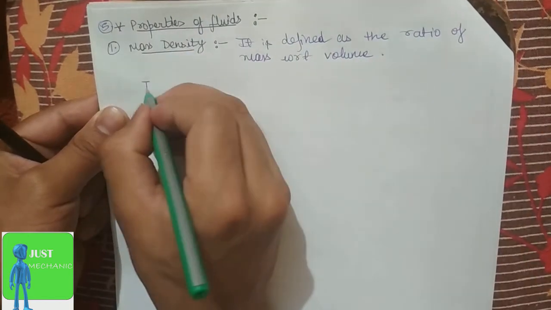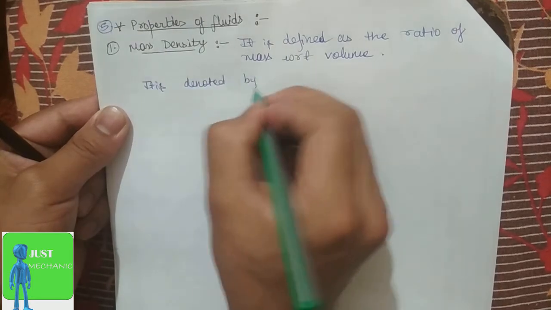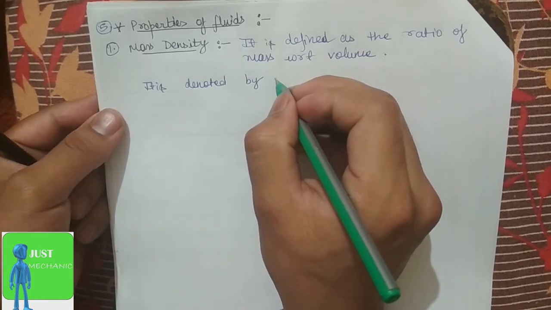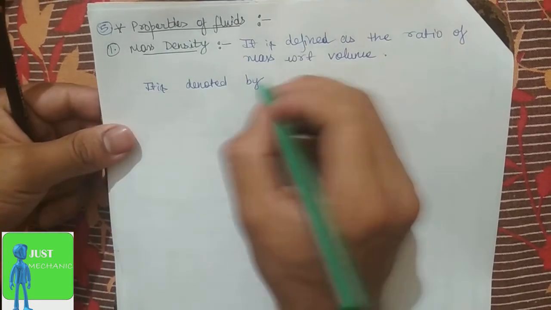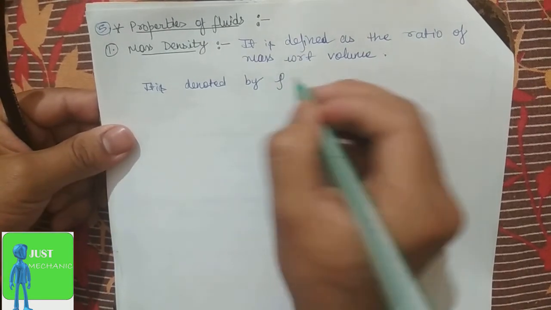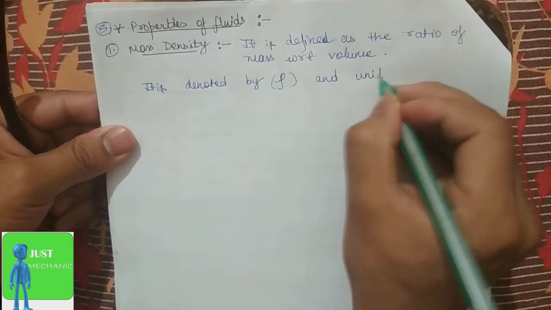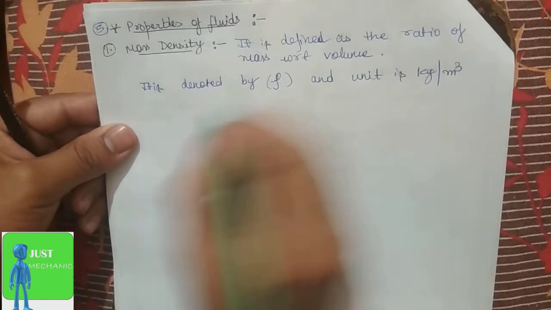It is denoted by rho, and its unit is kg per meter cube.